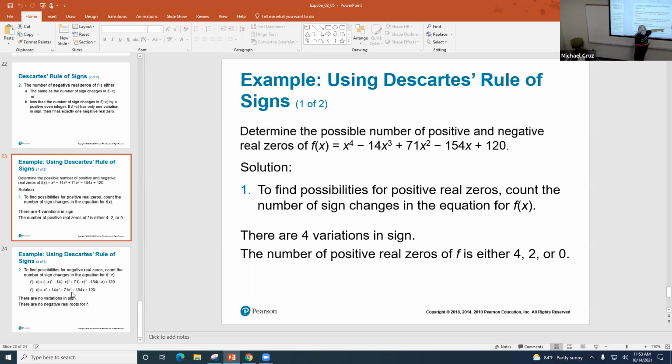But you could also have 2 or 0, because it goes down by a factor of 2 every time. So if we were looking for these solutions, that might be helpful because we're going to look for either 4, 2, or no positive solutions.